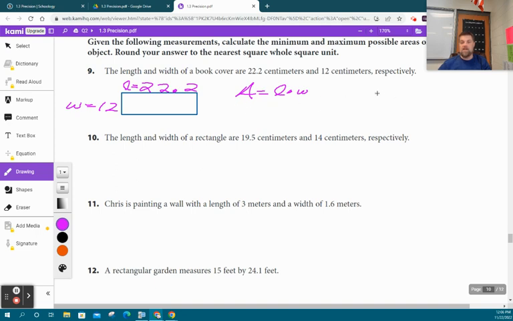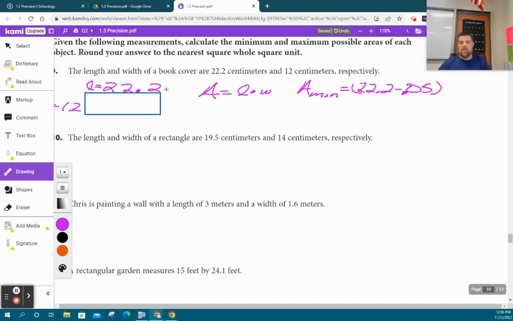In other words, the area minimum would be equal to the length, which is 22.2 minus 0.05 times, and remember, why did I go 0.05? Because I have one decimal place here, so I'm going to approximate the half, times 12 minus 0.5, right?